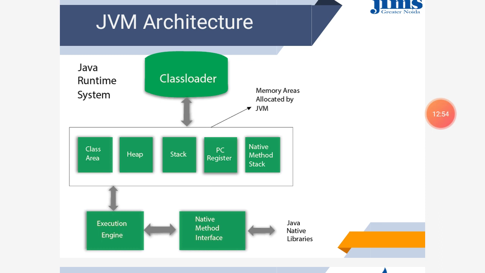Then there is the role of execution engine, and after execution engine there is intercommunication with the native method interface, and finally Java native libraries participate, and your actual hardware runs the code and you can see the output.